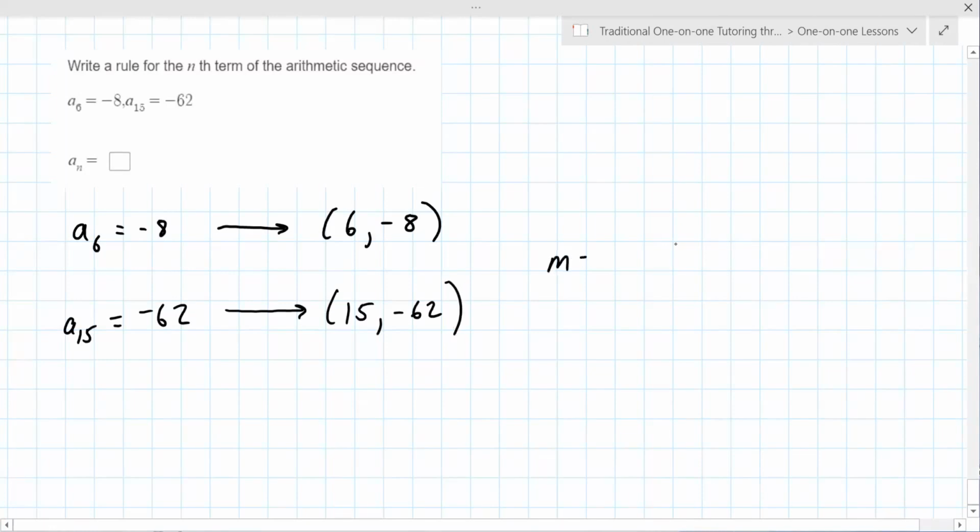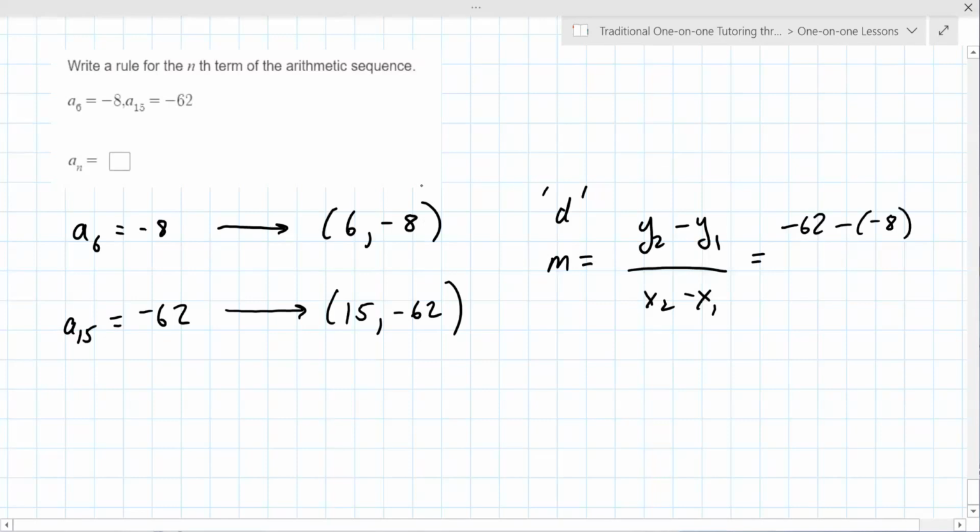And your slope is y2 minus y1 over x2 minus x1, and that's really your d. So it's minus 62 minus minus 8. Notice I'm using the second numbers over 15 minus 6. So could you give me the final number here, please?